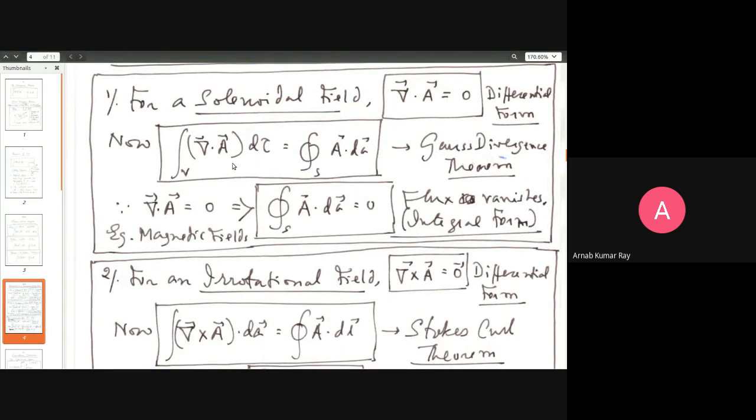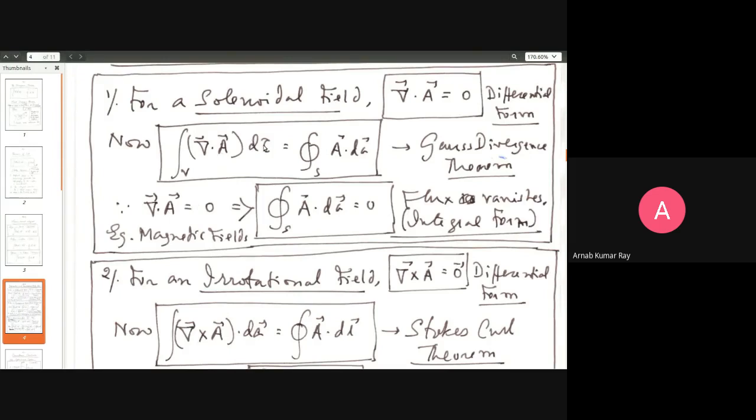When I apply the Gauss divergence theorem, it says that the volume integral of the divergence of a vector is equal to the closed surface integral of that vector. Now, if you have a solenoidal field, the divergence of that vector is 0. If that is 0, the left-hand side will be 0 completely.